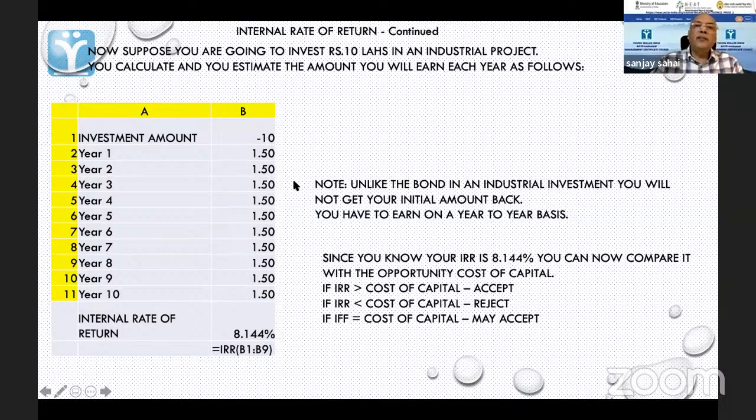So how does this help me? It helps me because I now understand that I can actually find out the actual rate of return of my investment and compare it with my opportunity cost. So there are two ways of doing it. I can either do it by looking at NPV, or I can do it alternatively by looking at the IRR.